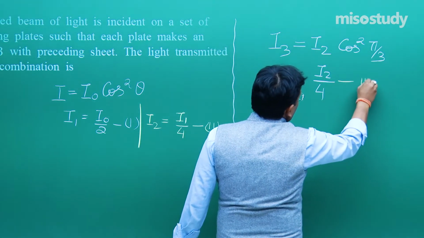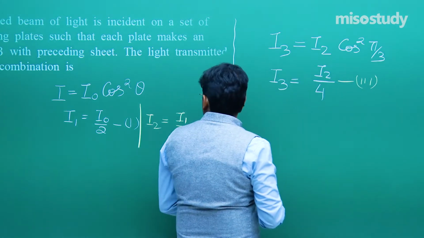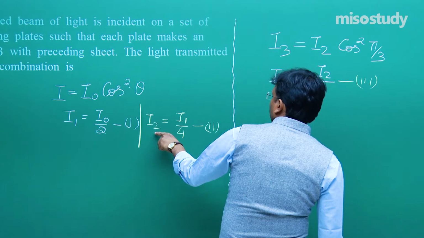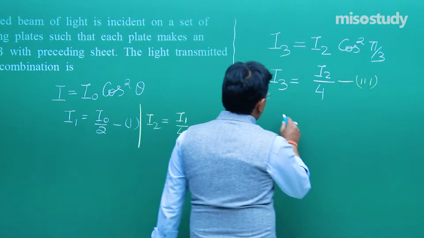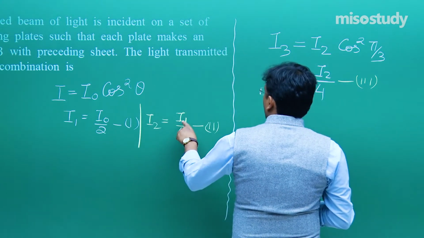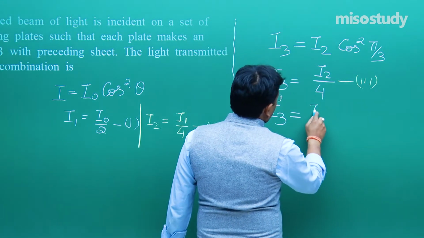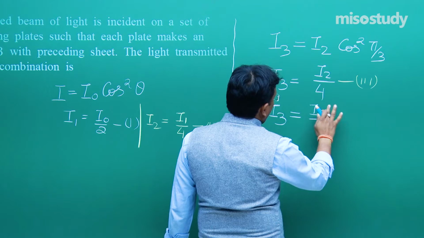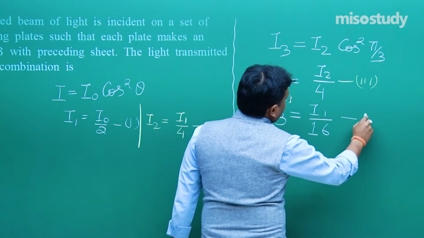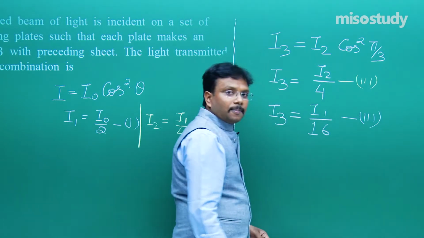Now here you can do one thing. Use the value of I2 over here. So I3 will be I1 by 16. I hope you all are comfortable. That is equation number 3. What I did?